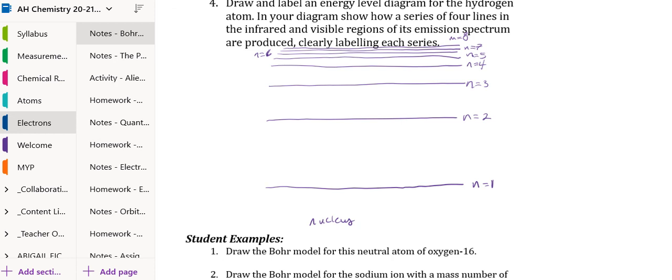If it involves transitions to or from the first energy level, what type of light does it involve? Ultraviolet. What about the second energy level? Visible. And the third? Infrared.